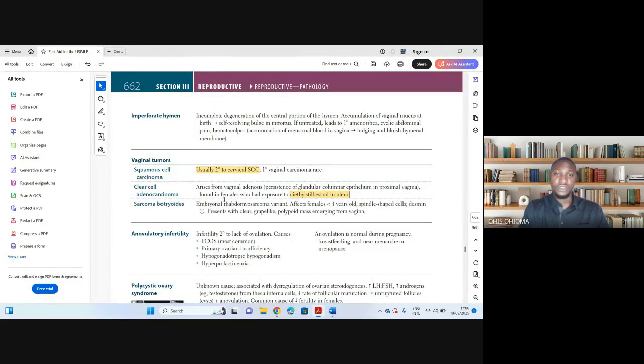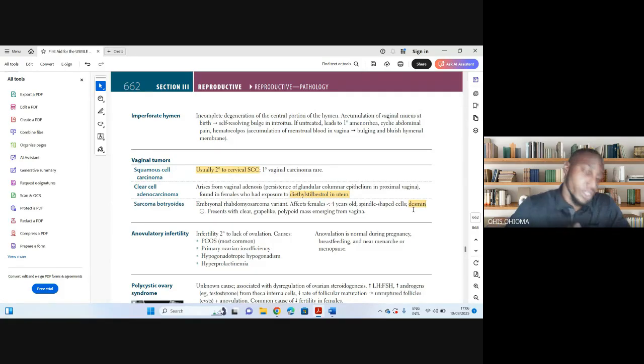Sarcoma botryoidis is also another very high yield tumor. And just to highlight, it's an embryonal tumor, and most tumors that arise from the mesoderm tend to have desmin as their tumor marker.